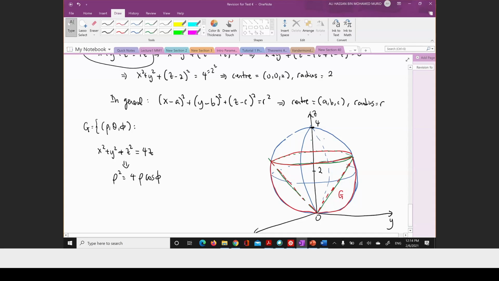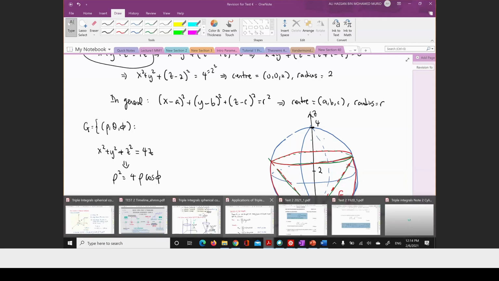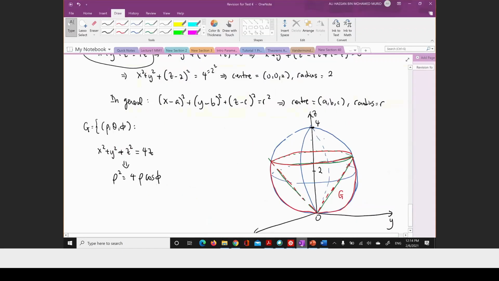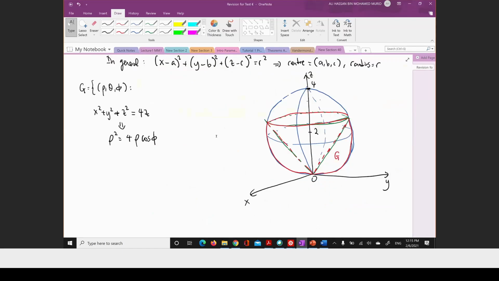Let me show you the equation again. Here, see? z is equal to rho cosine phi. So this implies rho equals 4 cosine phi.